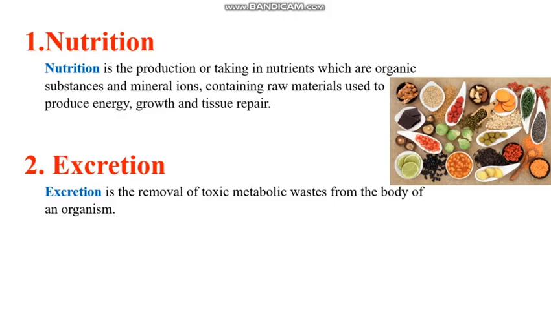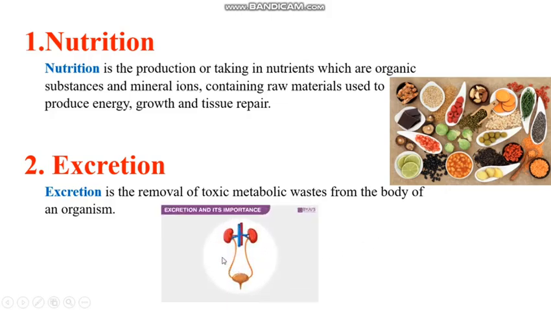Under excretion, some of the toxic metabolic products are removed from the body, for example excess water, excess salts, and carbon dioxide. All these are excreted out of the body of what? An organism. The organ that is mostly involved is the kidney.